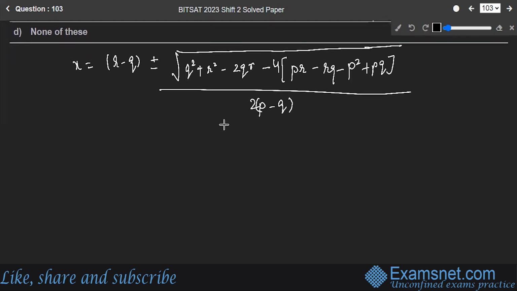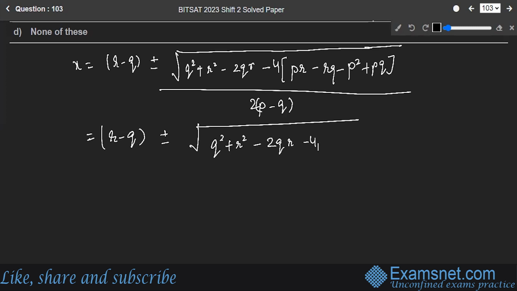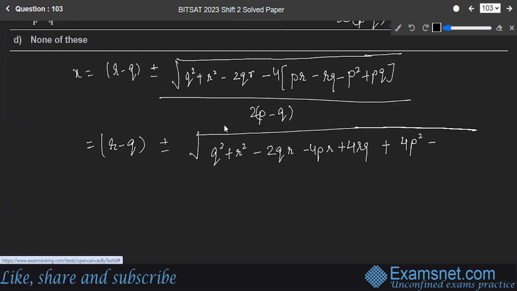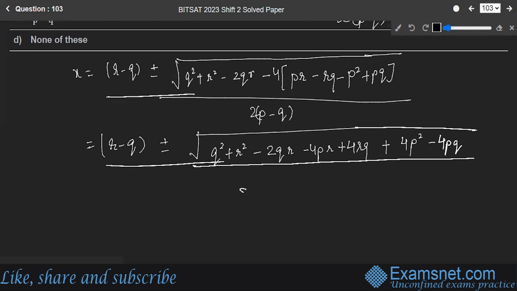So x is equal to r minus q plus minus root of q square plus r square minus 2qr minus 4pr plus 4rq plus 4p square minus 4pq, whole thing divided by 2(p minus q).